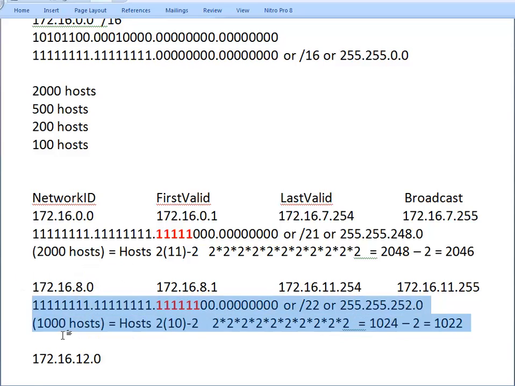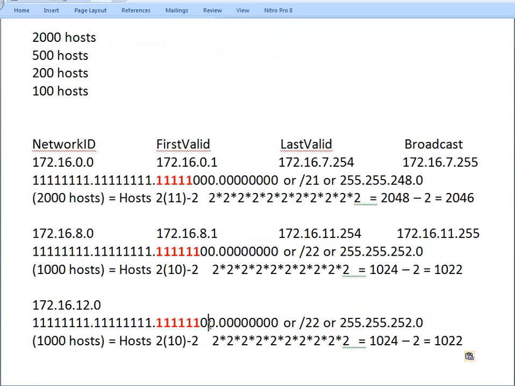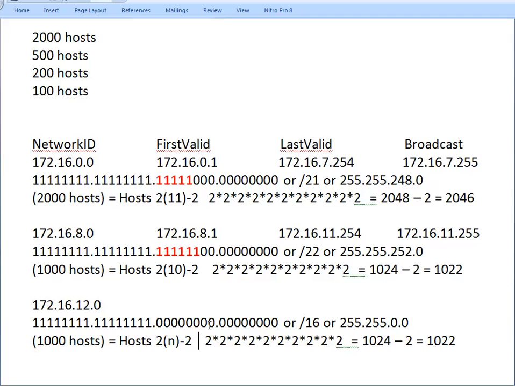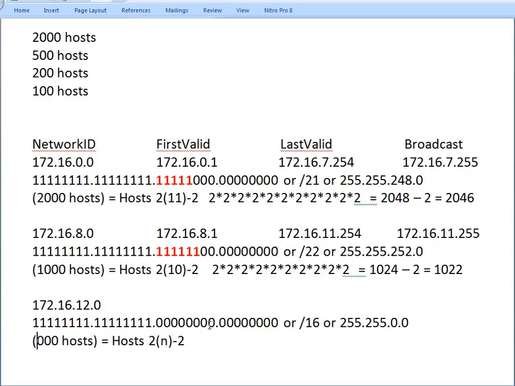Let me just copy this information here quickly. 172.16.12.0. Okay, now it's ready. We need 200 hosts on the third network.